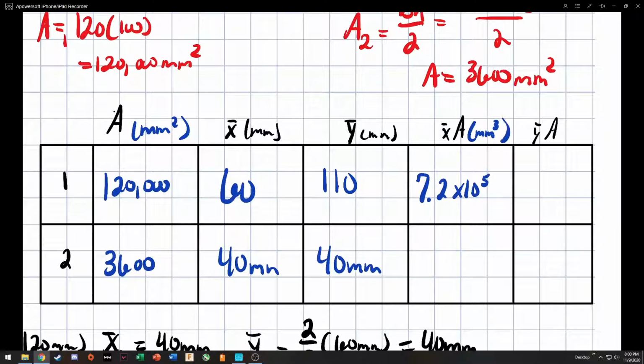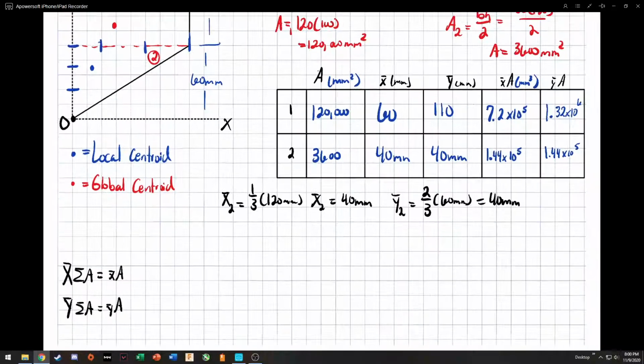Our y bar times our area is going to be 1.32 times 10 to the 6th. Doing the same thing for our triangle, we're going to have 1.44 times 10 to the 5th and 1.44 times 10 to the 5th as well.